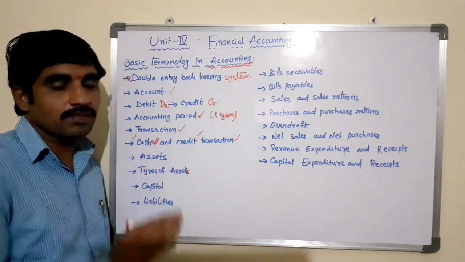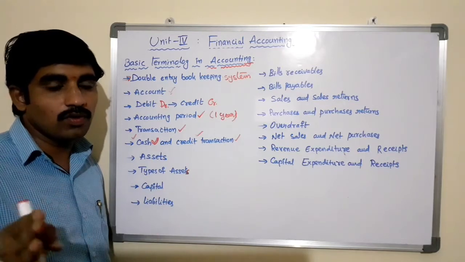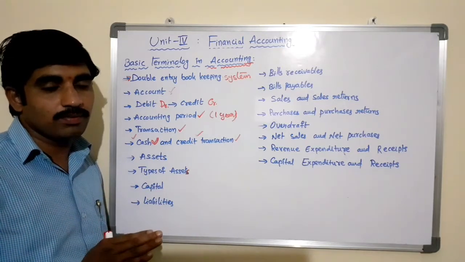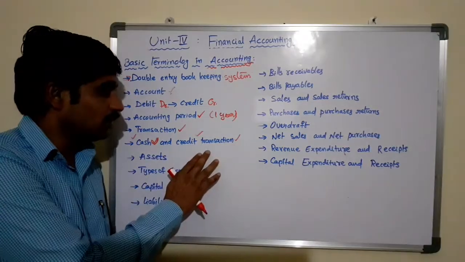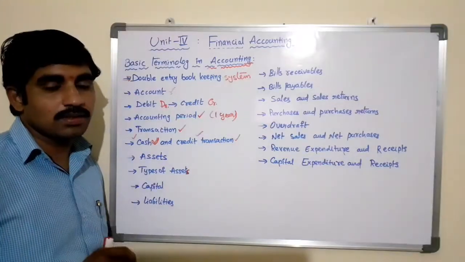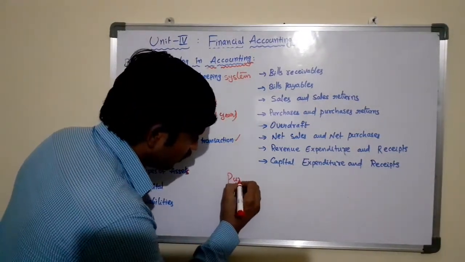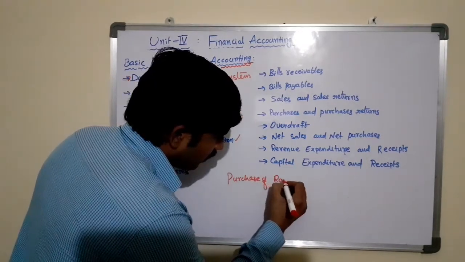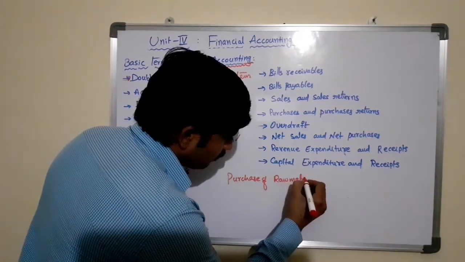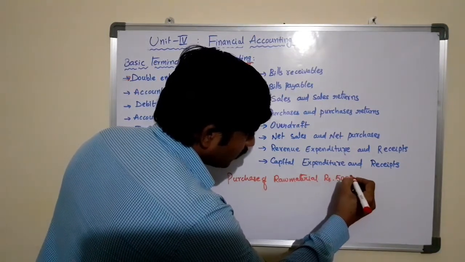In this case, money will not move; there is no movement of money or cash. There is no flow of cash in these transactions. Such transactions are known as credit transactions. For example, purchase of raw material for rupees 5,000.